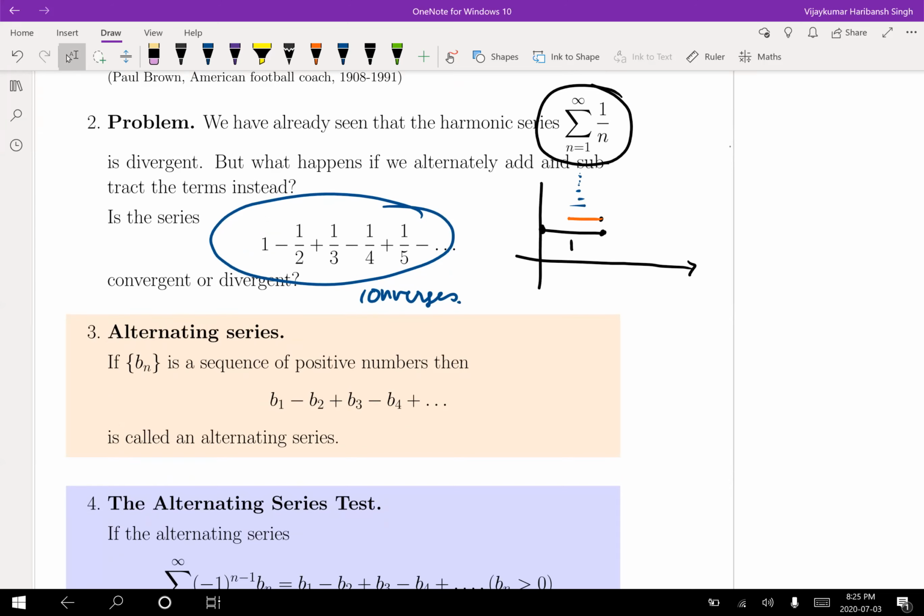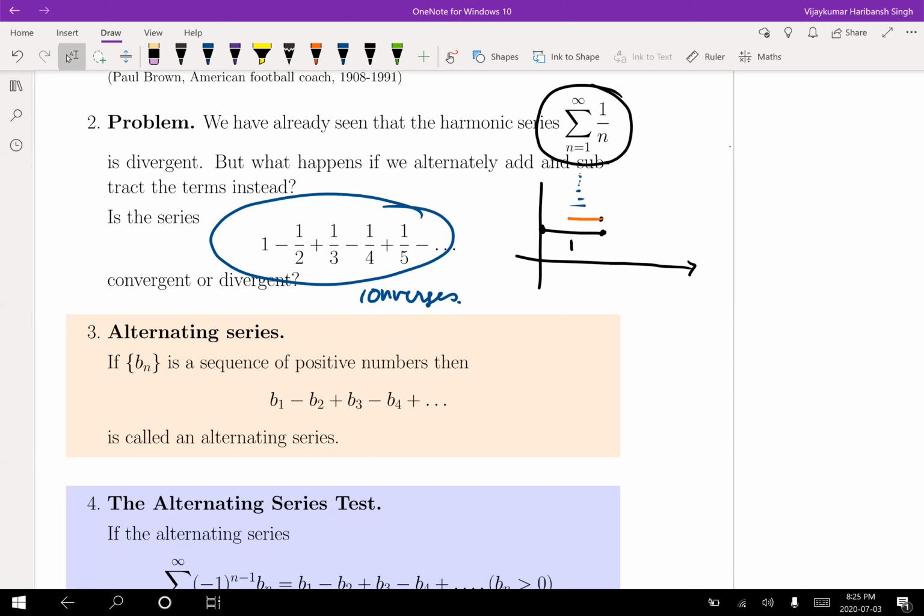Note that until now, if you forget about the geometric series, for the comparison test, the integral test, and the limit comparison test, we only focused on what kind of series? Only on positive series. This is a series where the terms should alternate in sign. That is very important.